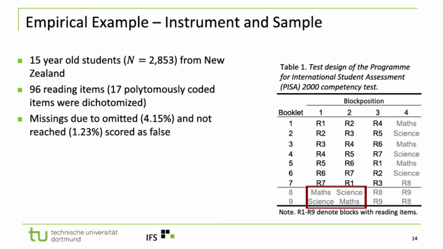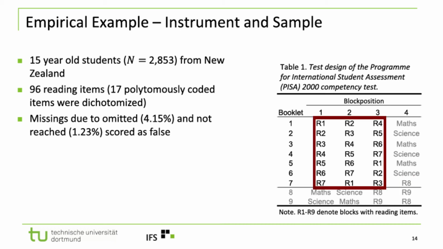The first half of the test booklets 8 and 9 contained math and science items, while the second half contained reading items. The link between these two groups of test booklets, however, was only realized using only a single block R8, which also only appeared on the last 2 block positions and not on front positions.